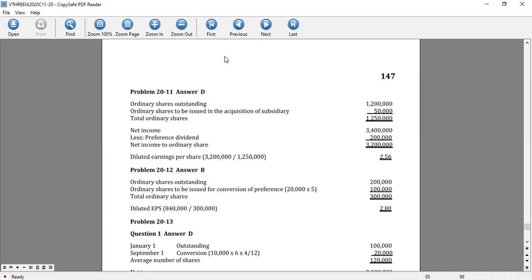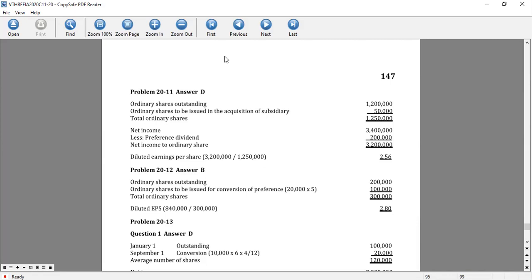So we have the ordinary shares to be issued in the acquisition of subsidiary. How many shares? So we have 50,000 in connection with the acquisition of a subsidiary.